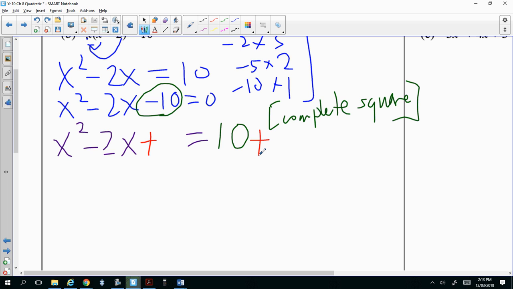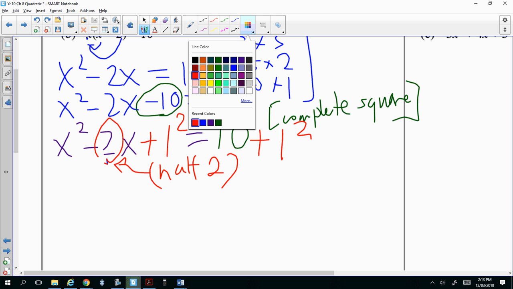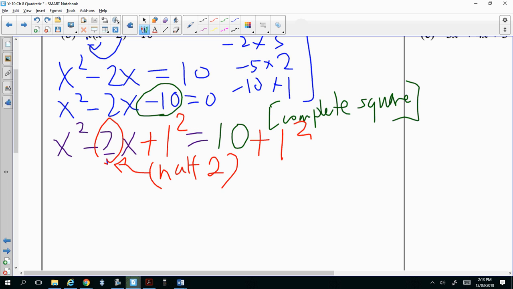So you halve 2. And then you get a perfect square, which will be x minus 1 whole bracket squared, equal to 10 plus 1 squared, which is 11. And then what do you do next?